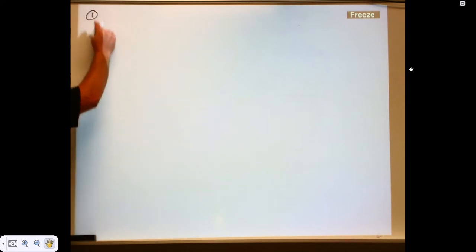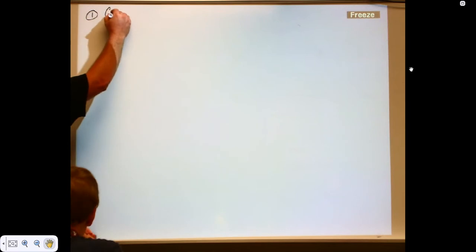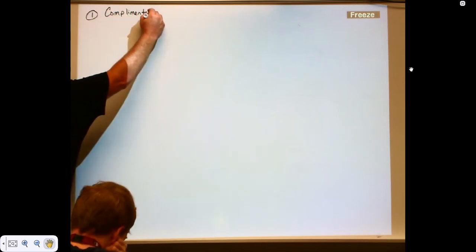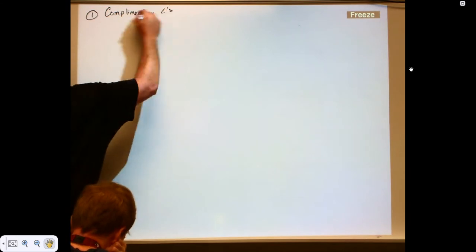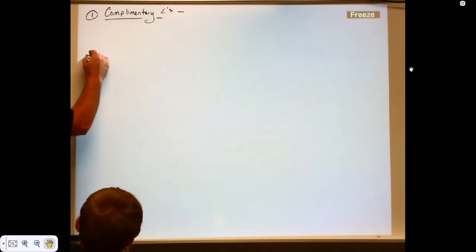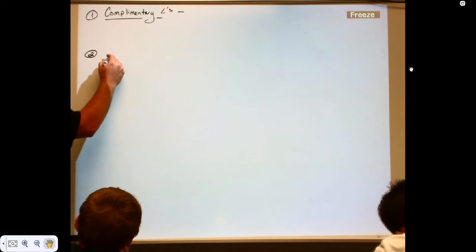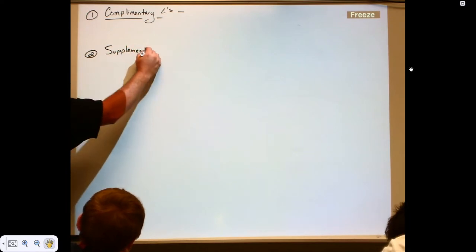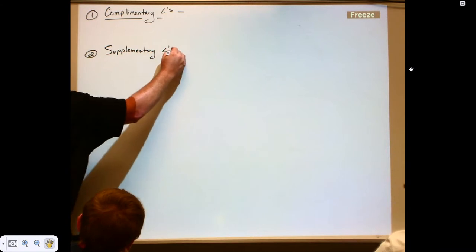First one is complementary angles. Second one, supplementary angles.